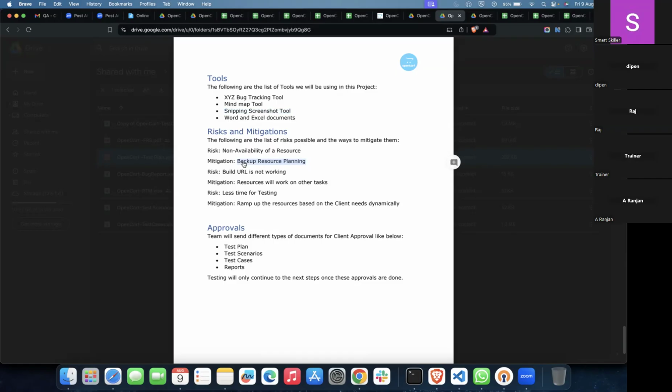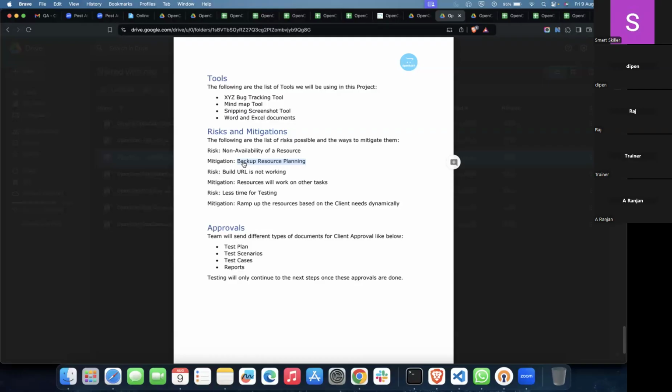They'll have some additional testers in backup, just to make sure that if anyone from the core testing team is on leave, they can introduce that backup tester to the team and he'll be working for 5 days until you join back.